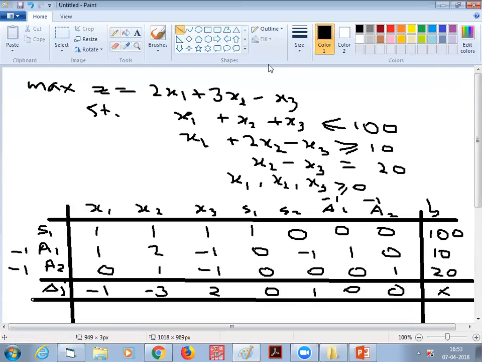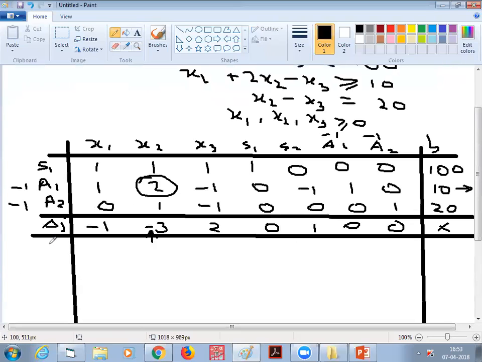Is it optimal? No. So this is our entering variable. And let's calculate theta. 100 by 1, 10 by 2, 20 by 1. Which one is least? Least is 10 by 2, right? So this is the exiting variable, and this is our pivot.